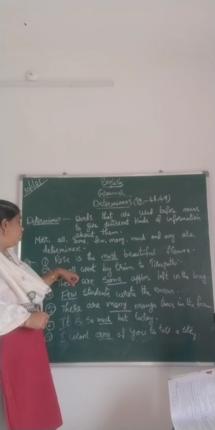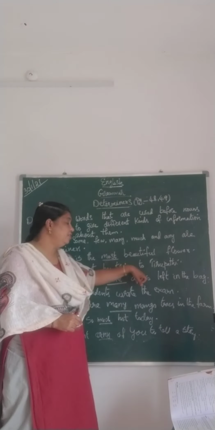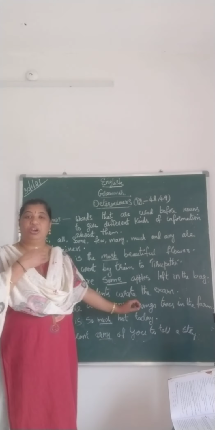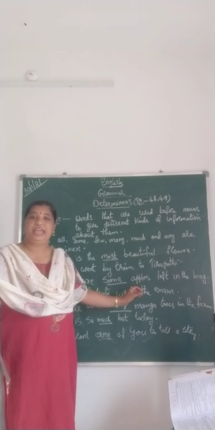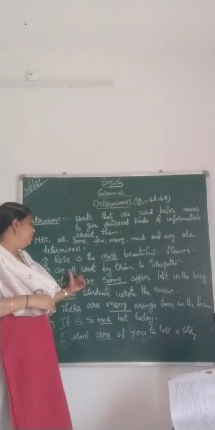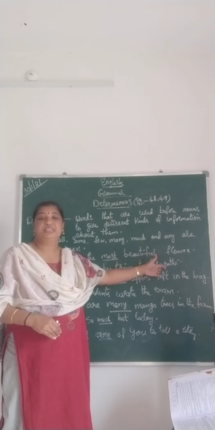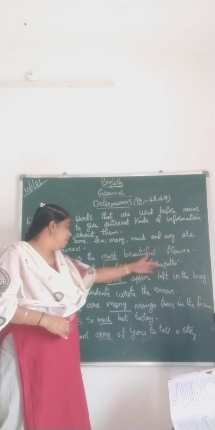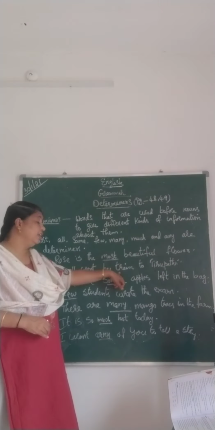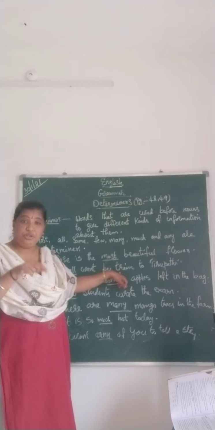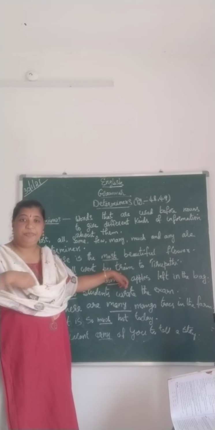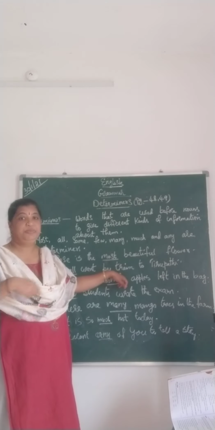Okay, next. We all went by train to Tirupati. Here the noun would be the place name, that is Tirupati. And how did you all go? By train. And did you go alone, or did other people join you? Yes, many people joined.